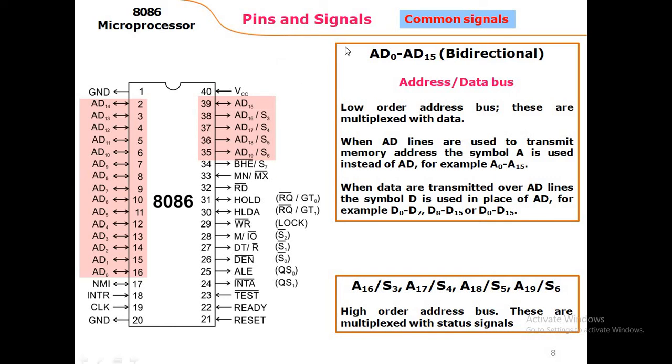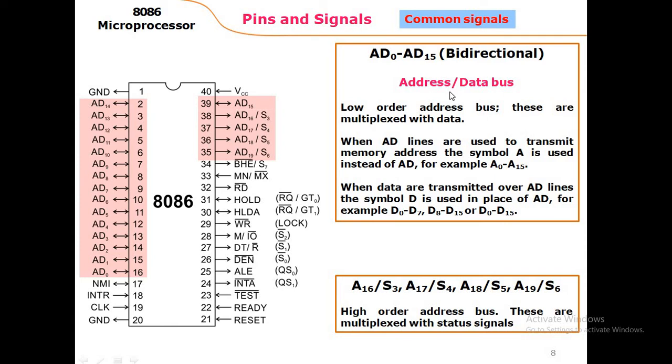Except that, you have some common signals. The common signals are the shaded signals here, that is AD0 to AD14, AD15, A16/S3, A17/S4, A18/S5, A19/S6. AD0 to AD15 are bidirectional pins, that is, the multiplexed address and data bus.